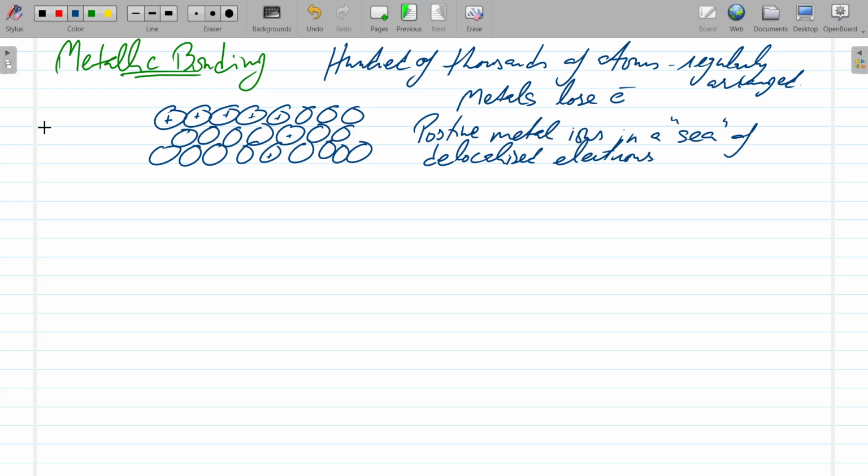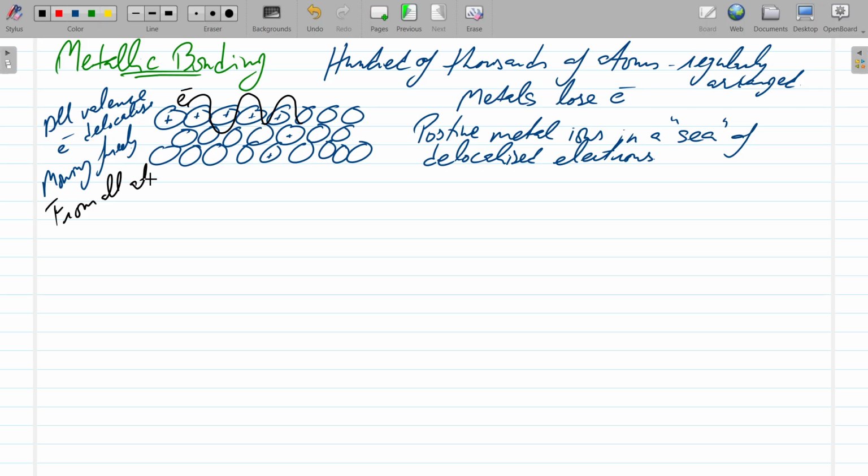All the valence electrons, all the outermost shell electrons, are delocalized, so they're moving about freely. Let me just draw that with a different color. You've got electrons from all the atoms, and the number of atoms depends on which metal it is, and that's what makes metals very good conductors.